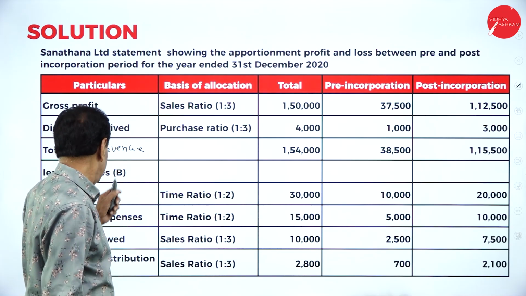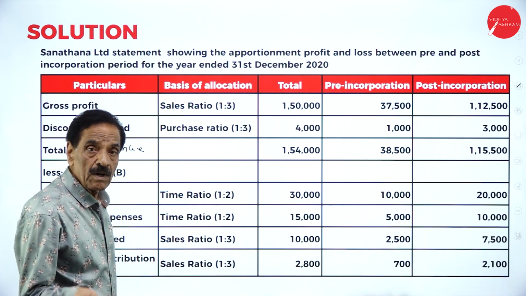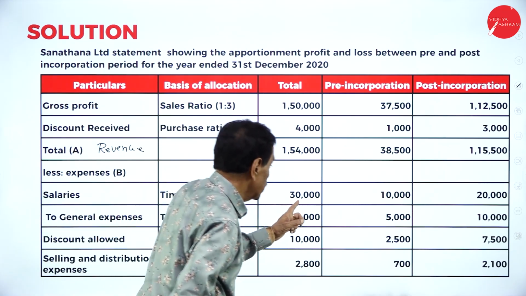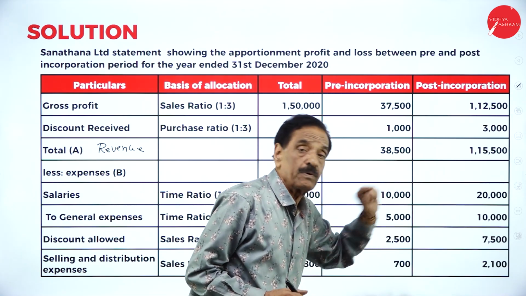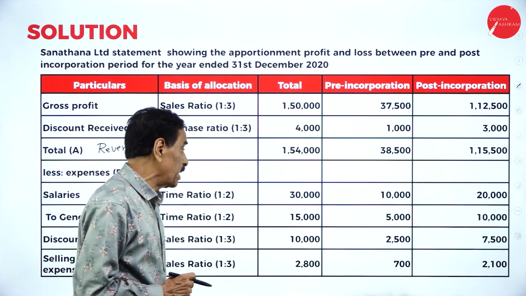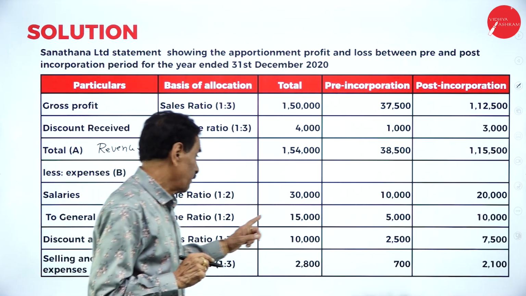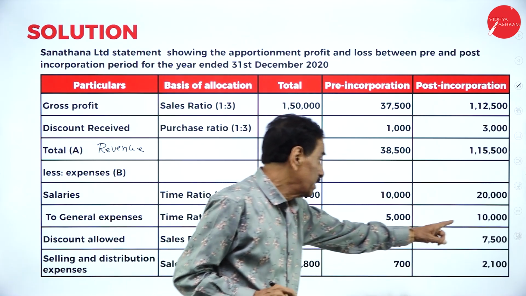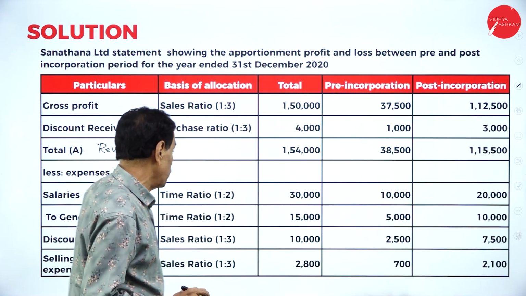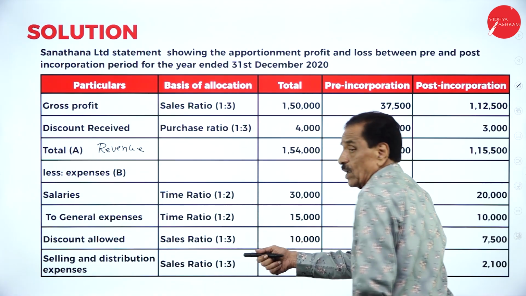Then less expenses. What are the expenses? Salaries based on time ratio 1:2. What is the total amount? 30,000. 10,000 to pre-incorporation, 20,000 to post-incorporation. General expense based on time ratio 15,000. 5,000 goes to pre-incorporation, 10,000 goes to post-incorporation. Discount allowed based on sales ratio 1:3.